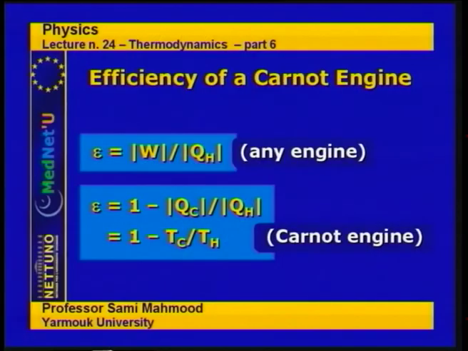So in that sense, we use the relation that is also applicable to an ideal engine that contains only reversible processes, in which case we have Q sub H over Q sub C is equal to T sub H over T sub C. We substitute this ratio in this equation, and we arrive at the relation: the efficiency of a Carnot engine, which is an ideal engine, epsilon is equal to 1 minus T sub C over T sub H. This is the efficiency of an ideal engine.